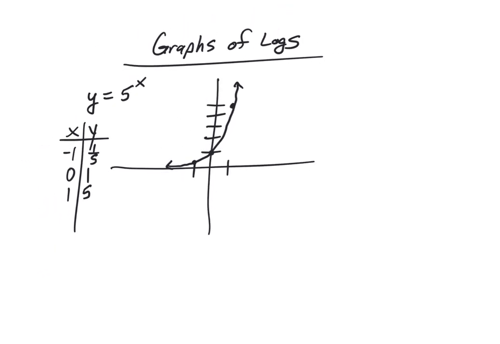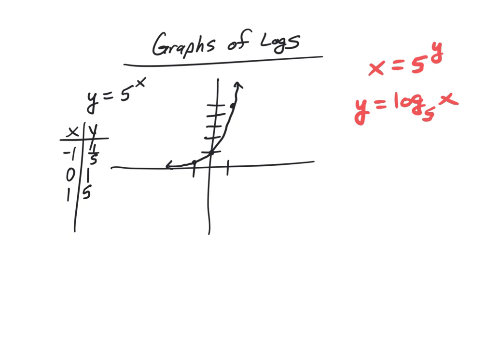So if we look at a graph of a log, first of all, I could say x equals 5 to the y, because that's the inverse of that original exponential function. But if I were to write this as a log equation, using all the things that we've talked about today, log base 5 of x equals y.